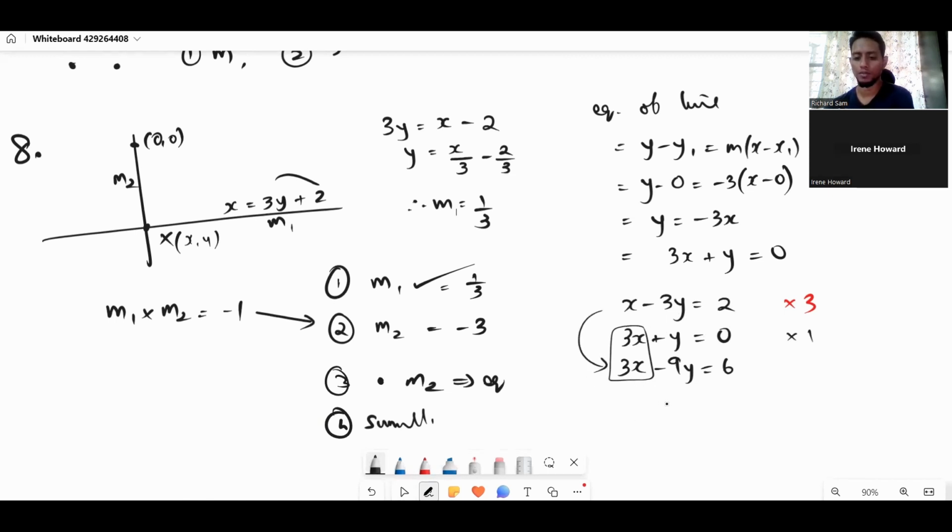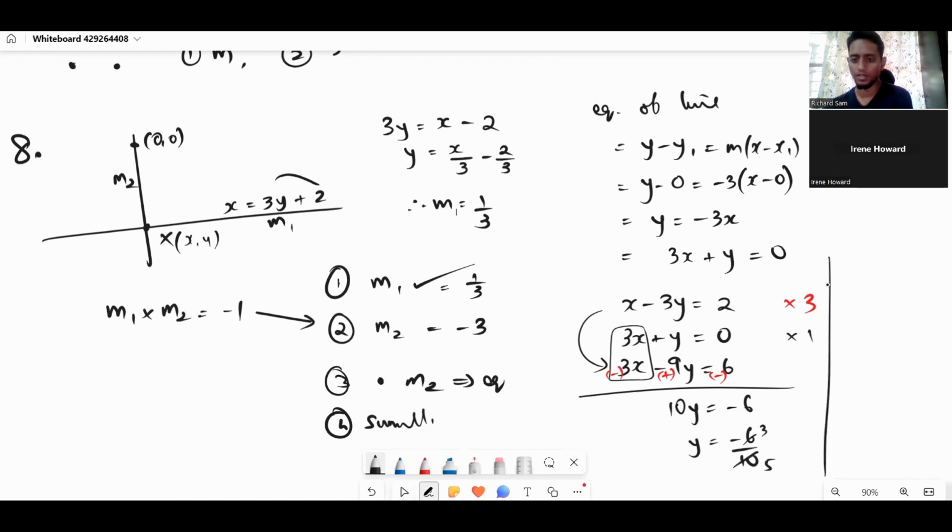Now we have to subtract both because the signs are already the same. So 3x minus 3x is 0, y plus 9y becomes 10y, and 0 minus 6 becomes minus 6. So y is equal to minus 6 upon 10, that is minus 3 upon 5.